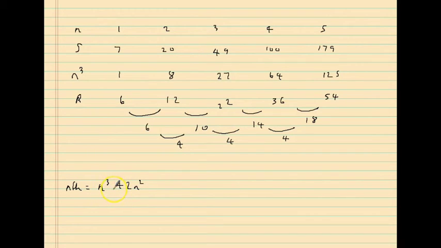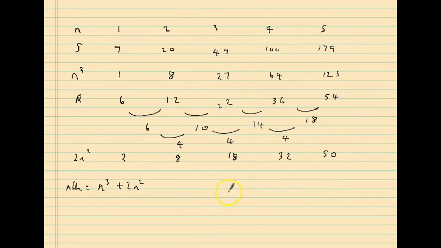Now what we need to do is compare our sequence here with 2n squared, because we're basically working on another sequence here. So if we look at writing down 2n squared now, that's going to give us 2, 8, 18, 32, and 50.